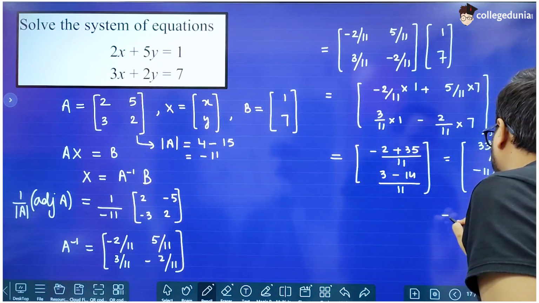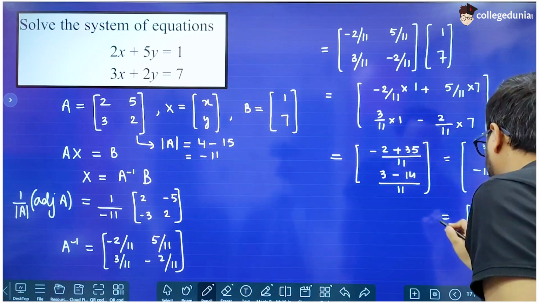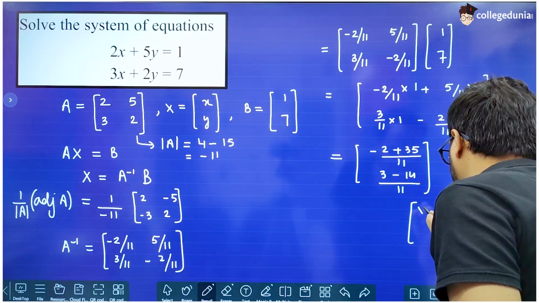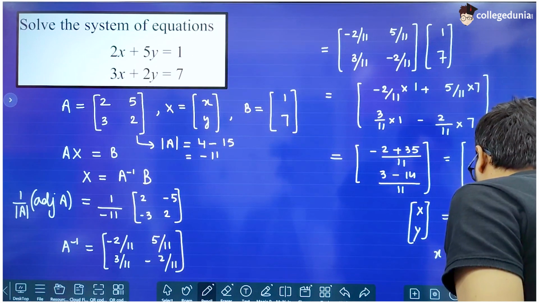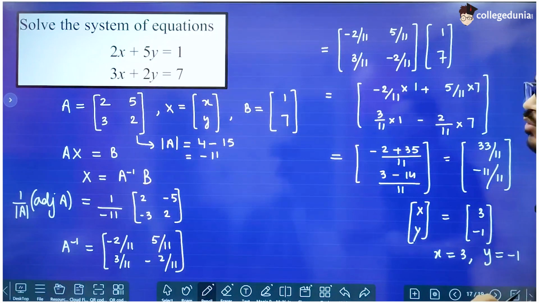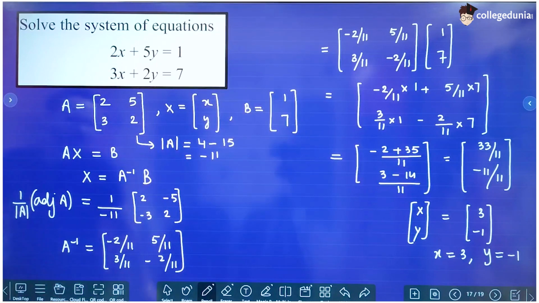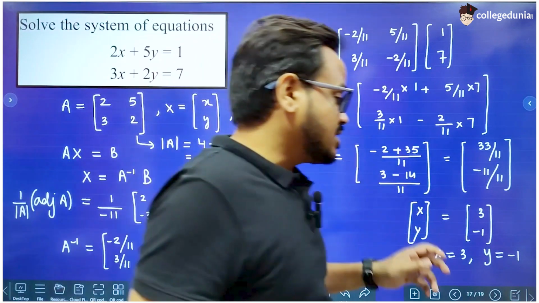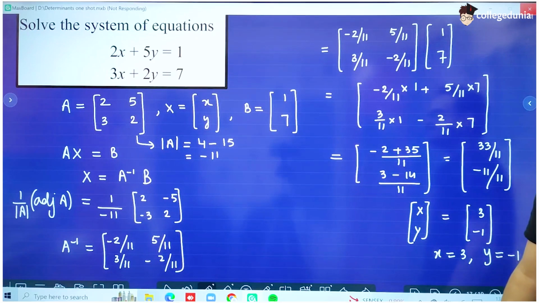So it is 3, minus 1. And what was this? X. So x was what? X and y. So the value of x is 3 and the value of y is minus 1. So this is how you can solve the equation. Now let's see how we can solve a set of 3 equations using this method.